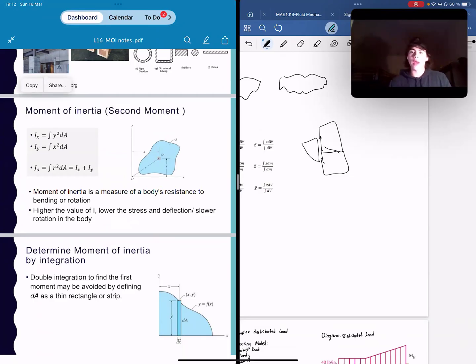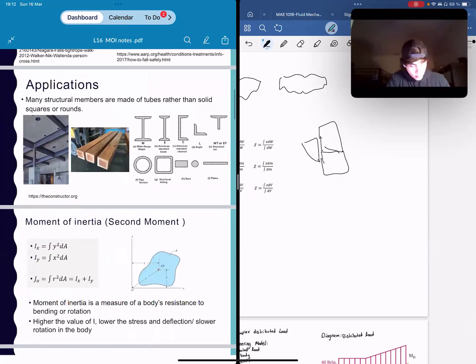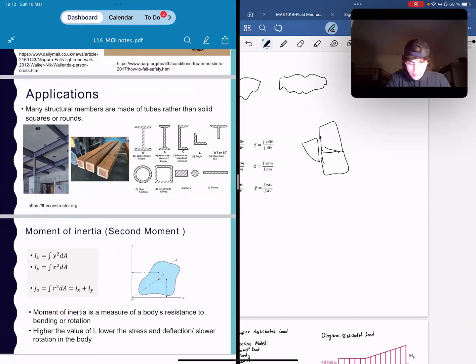And it would be way harder to induce a moment around a lesser area, right? So it just doesn't bend as much as if you have an entire area that you can apply a force around. So that's why we have this type of shapes, because it's way harder to break, just like the tibia bone. From the side, you could easily bend it, but from the front, it's almost impossible.